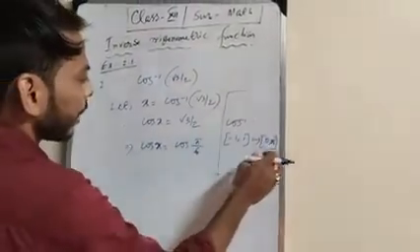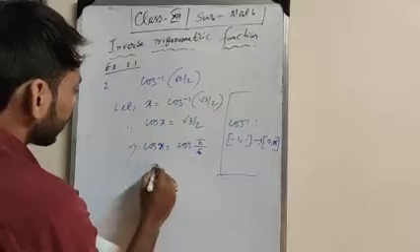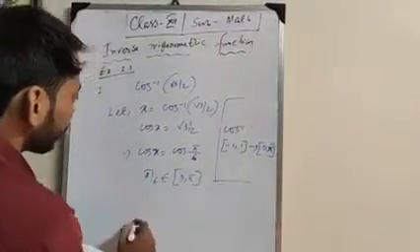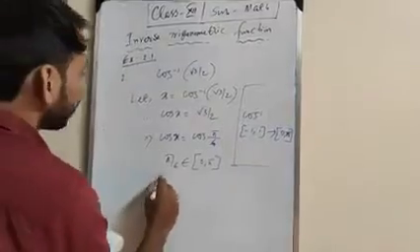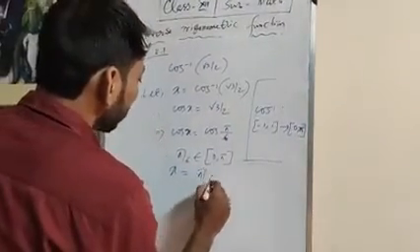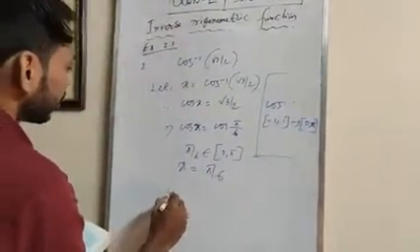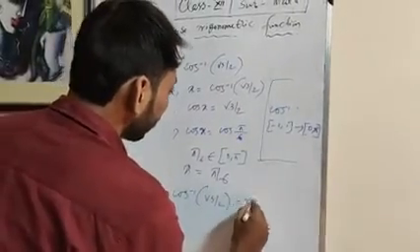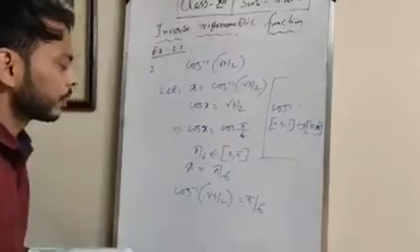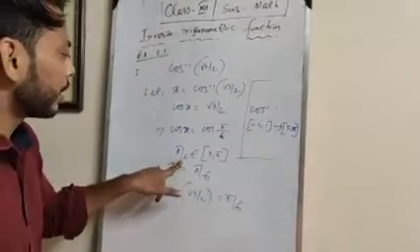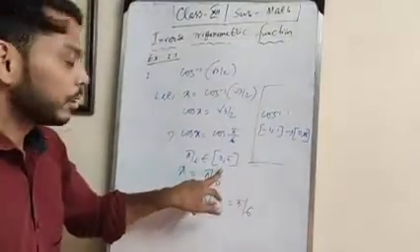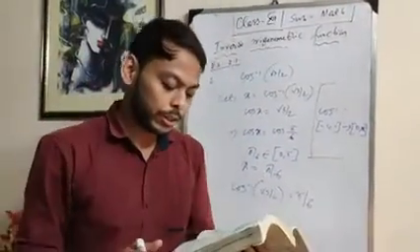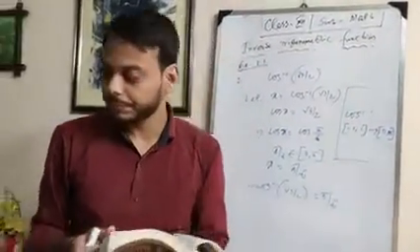Since pi by 6 lies in the closed interval 0 comma pi, the value of x equals pi by 6. That means cos inverse root 3 by 2 equals pi by 6, because pi by 6 lies in the range set. The range set is the closed interval 0 comma pi. Okay.